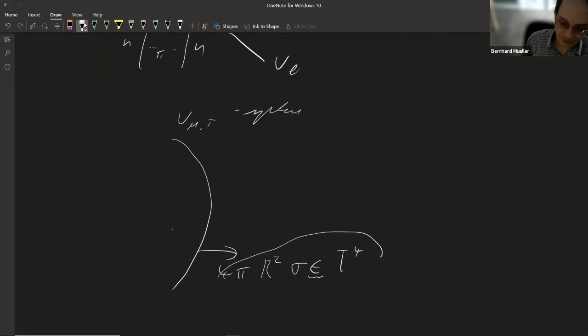That's a variation of the usual Stefan-Boltzmann law for photons that you probably know, all of you.